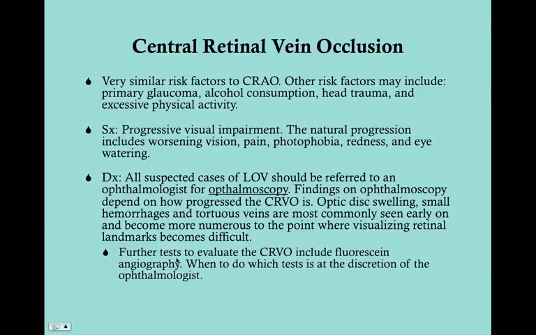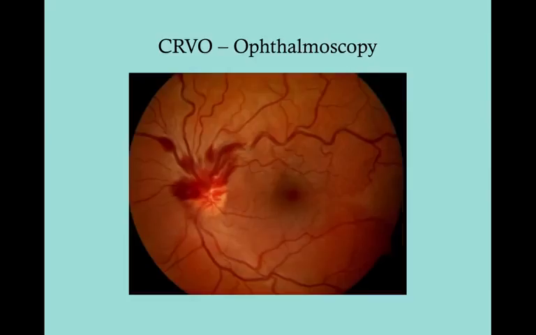Further tests to evaluate the CRVO include fluorescein angiography. When to do this test is at the discretion of the ophthalmologist. So here is a case of what would be considered early CRVO. You can see there's some hemorrhaging here on these early veins.